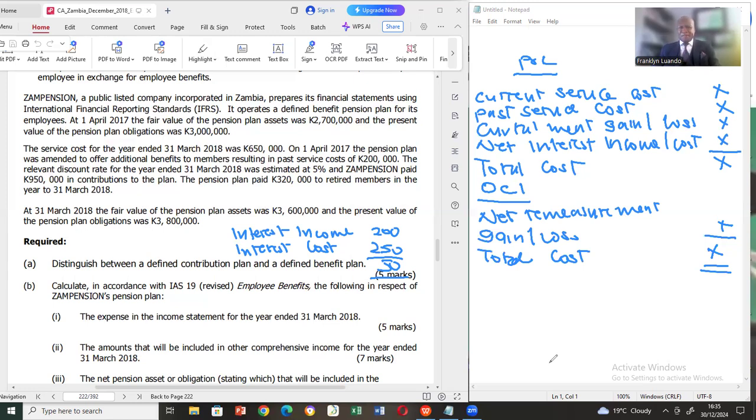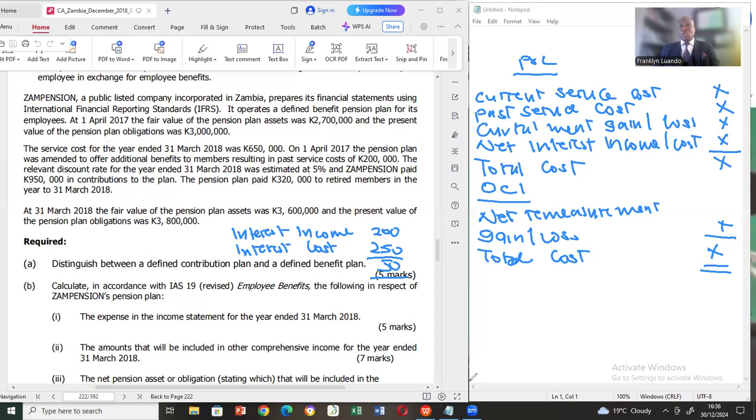Remeasurement occurs on the asset. The pension asset at the end of the day must be remeasured. The pension obligation, which is a liability, must also be remeasured. As a result of remeasurement, there could be gains or losses.